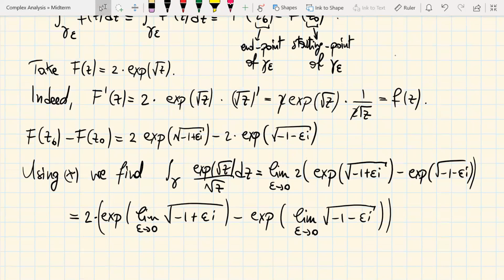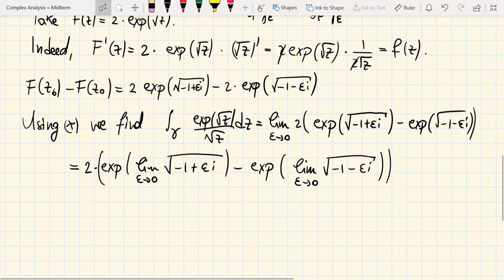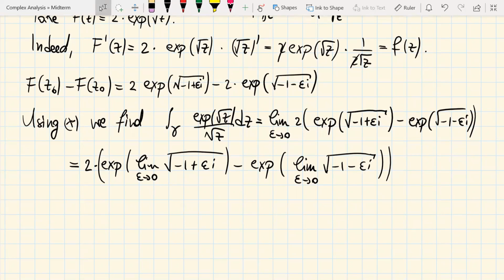And now we know that these points, minus 1 plus epsilon I, are converging to minus 1 with the argument of this point, sorry, this was called z6, with the argument of z6 positive.